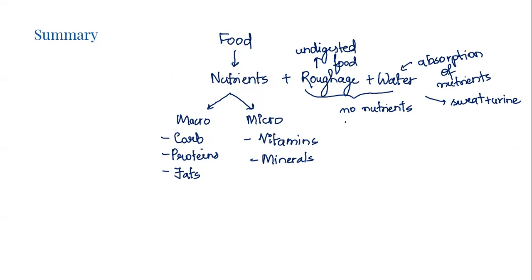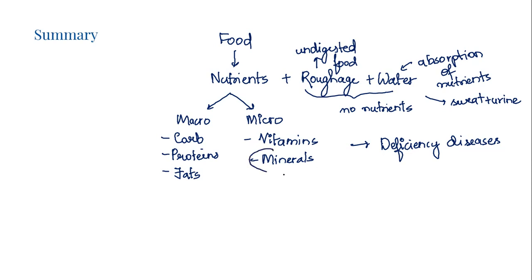Apart from that, we have also talked about deficiency diseases. The deficiency of vitamin A results in loss of vision, and vitamin B deficiency results in beriberi. Deficiency of vitamin C results in scurvy, while deficiency of D results in rickets.